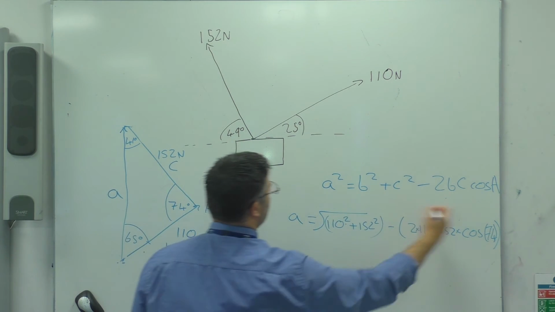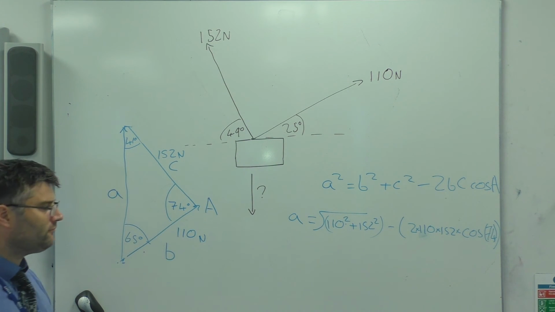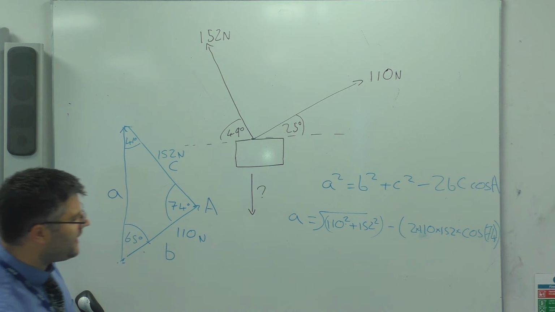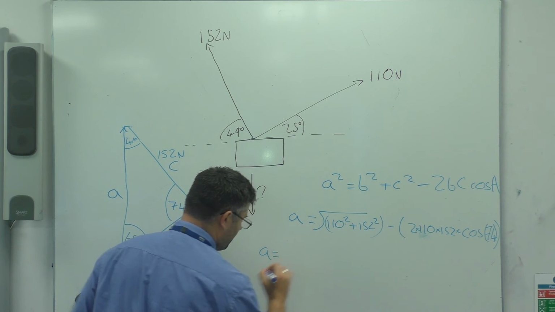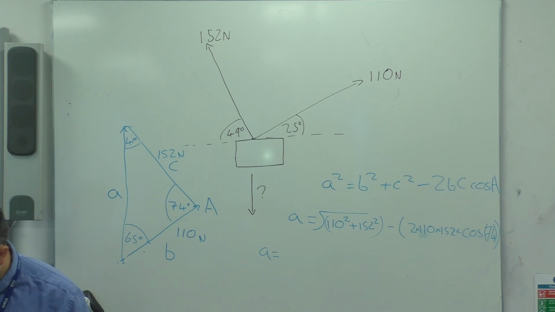Bear in mind that the square root is over the whole lot. So when we work that out in our calculator, which I'm going to do in a moment, you should be working this out in your calculator too. Feel free to fast forward me.